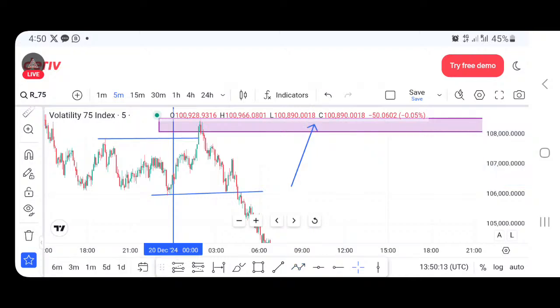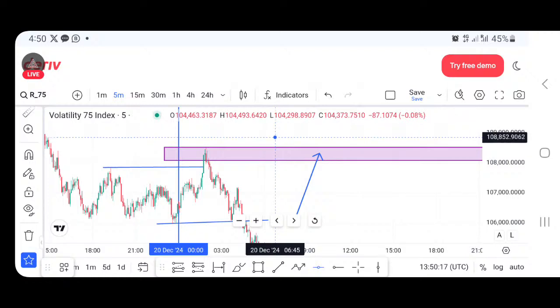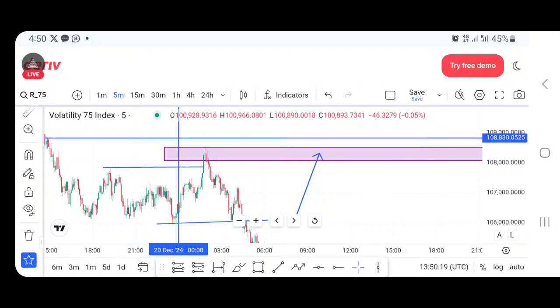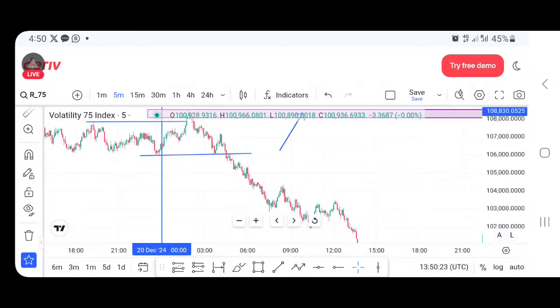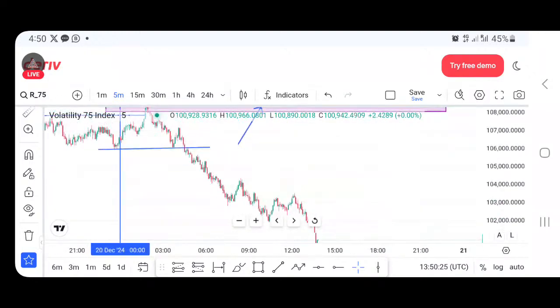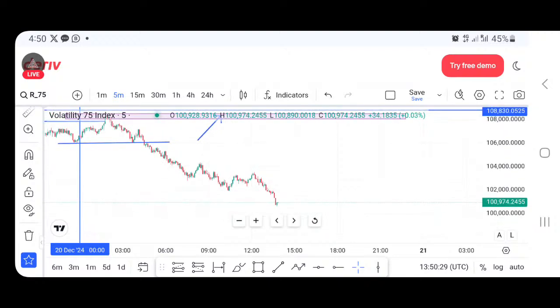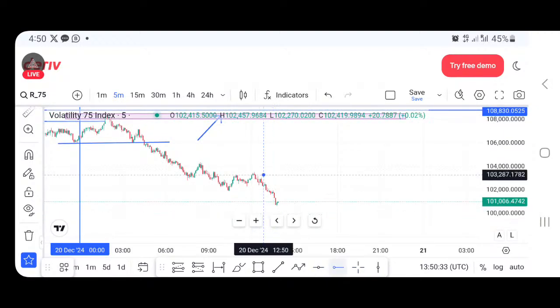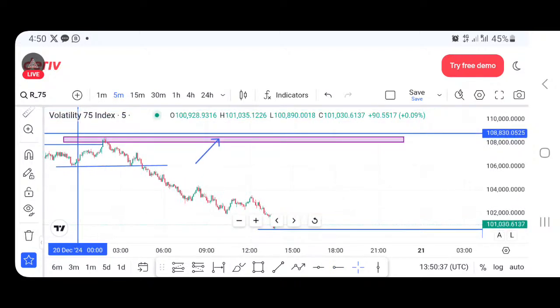We take the sell, stop loss above here, above there. We take the sell. Let's say the market has started from this area to come up and then triggered us in.